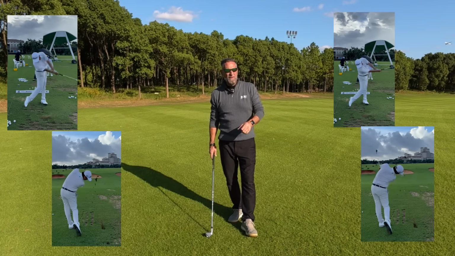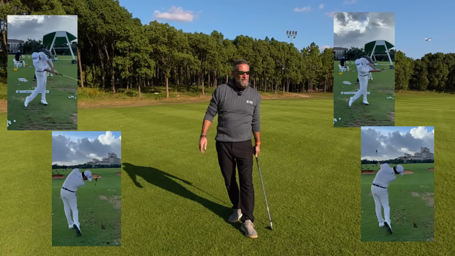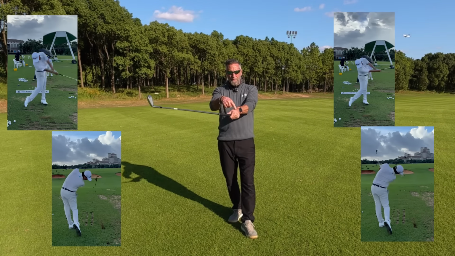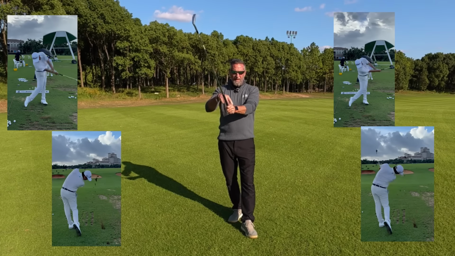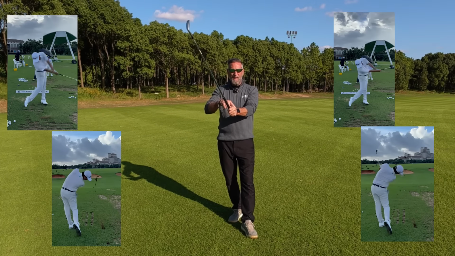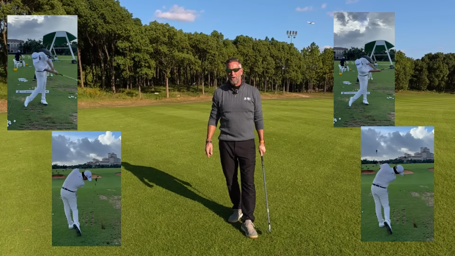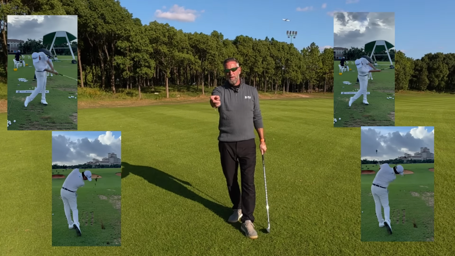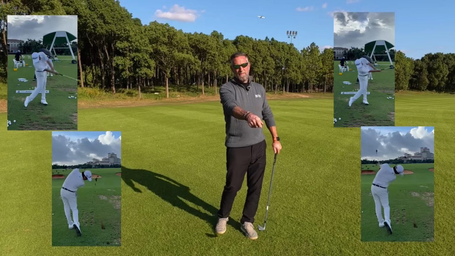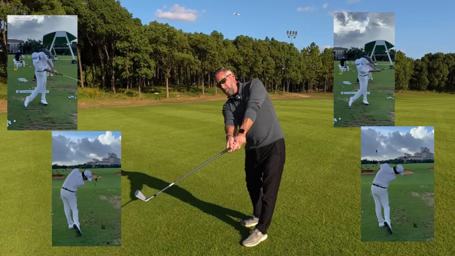I do use P8 especially to see how the left wrist is reacting after P7. But for me, a great checkpoint always is P9, the moment where the right arm is parallel to the ground.